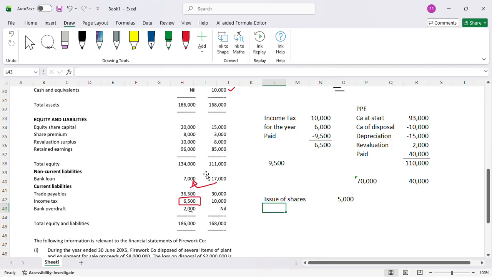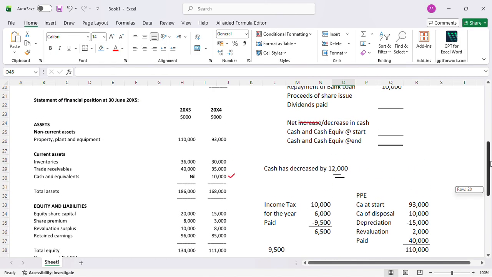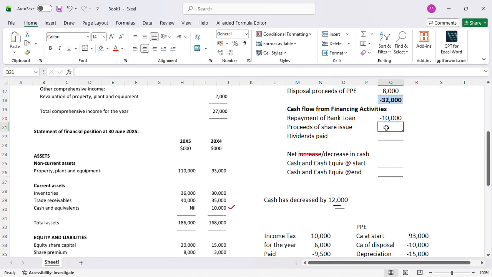But if you look at the share premium, it has gone from 3,000 in 2004 to 8,000, which means the share was issued at a premium, and the total value that we received is 10 million. So proceeds of issue of shares, 10 million here. Fantastic. We are nearly there.